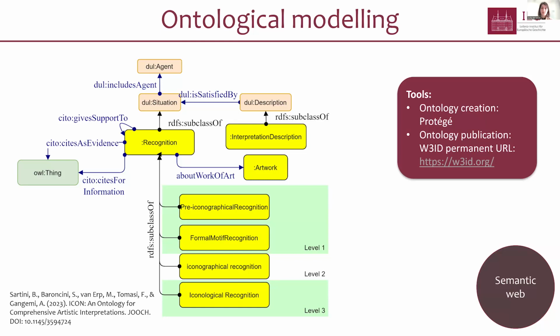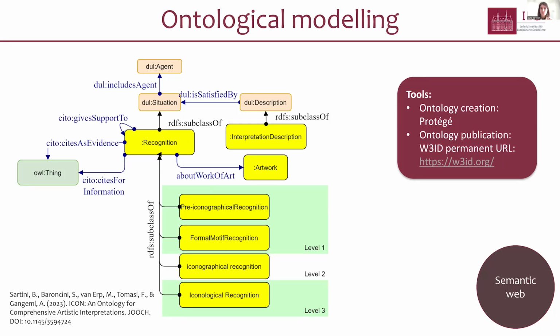Each recognition identifies one subject, and some more information about this recognition can be provided, such as the agent doing the interpretation, and also what is cited as evidence, as support of such recognition. And the final interpretation is a collection of all these recognitions. The final interpretation is represented by the class interpretation description.